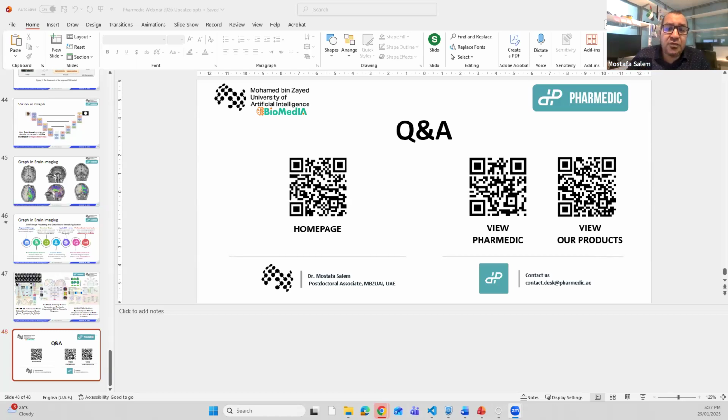But if I want to give a class or a label for the entire MRI, I have to combine the features from all the 32 regions into just one embedding representing the whole image, let's say the whole graph, and then use this embedding to do a classification.